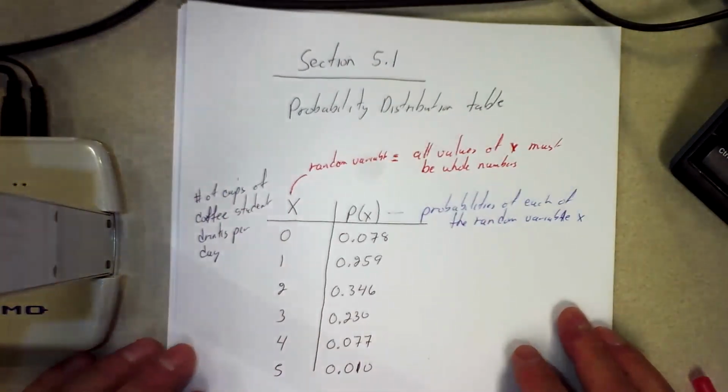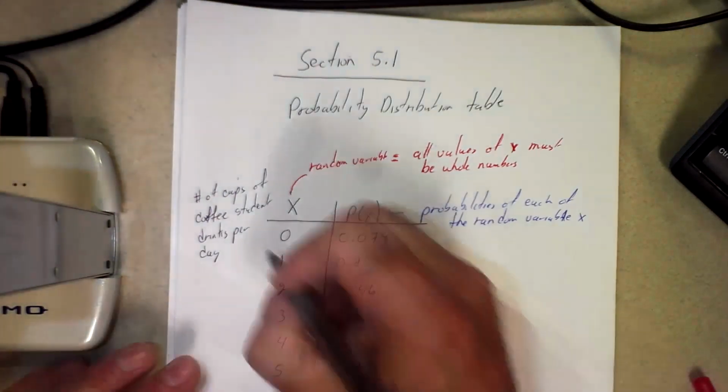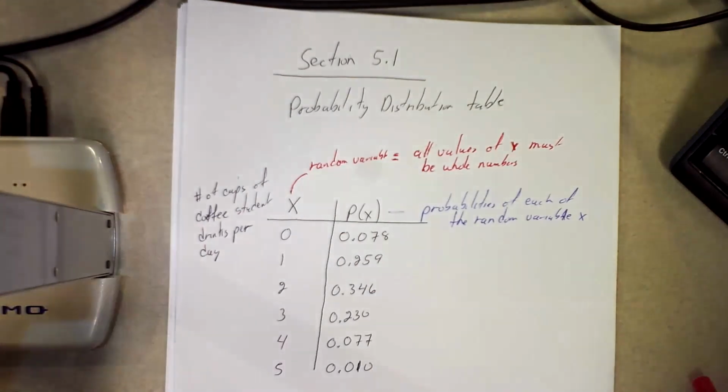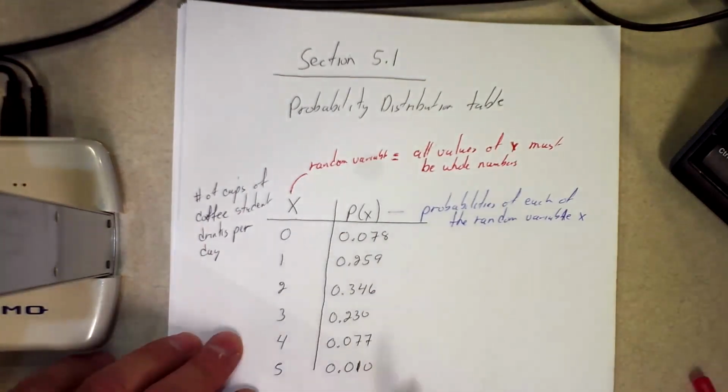Okay. Number of cups of coffee a student drinks per day, right? So let's say that we did a survey of our class, and this is our probability.